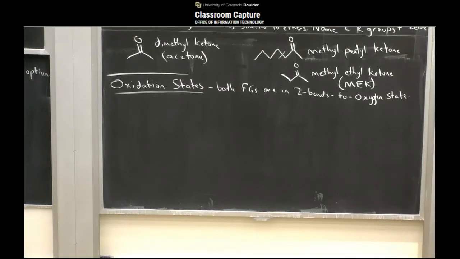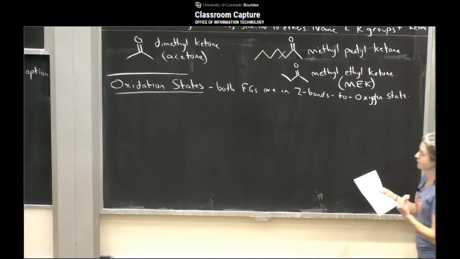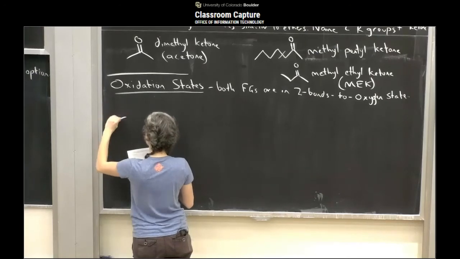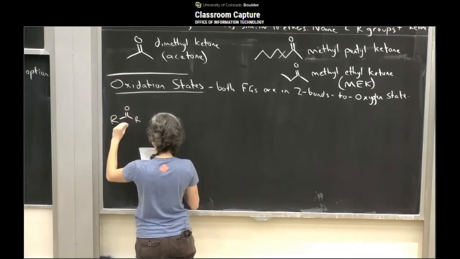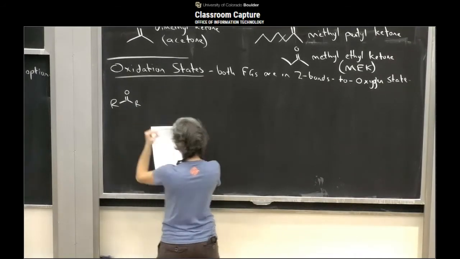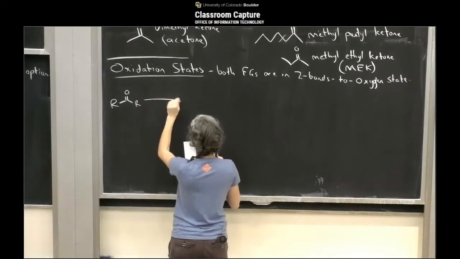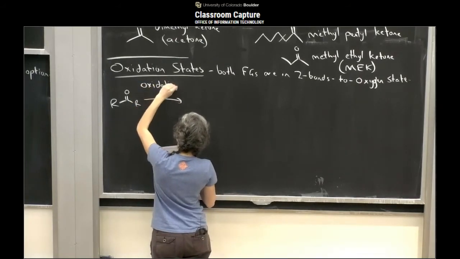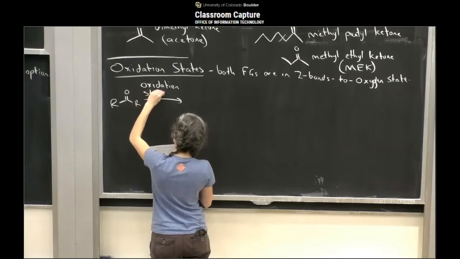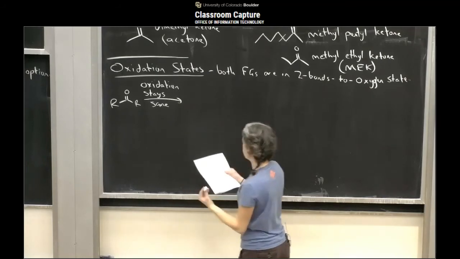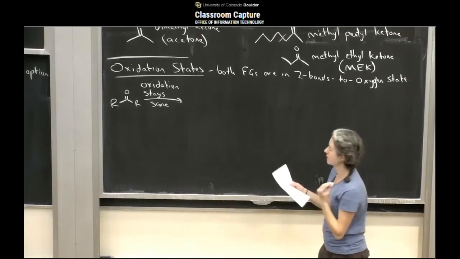Okay, so we're going to see some reactions in this chapter where they stay at the same oxidation level. So I'll just use ketone as an example because that's what I use in the notes. So we're going to see a bunch of reactions where the oxidation level stays the same.